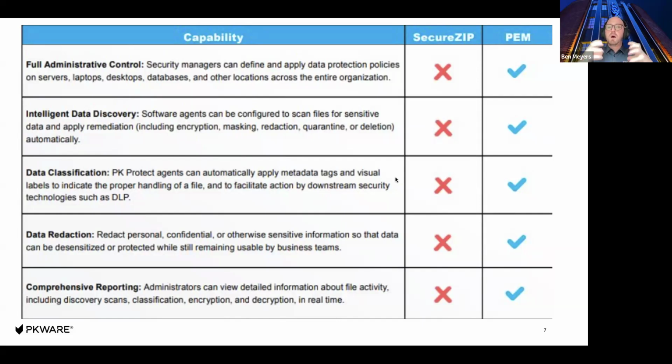All right. Another big functionality that you're going to see in the middle is data classification. Classification is what I always claim is a good first step, right? We want to report and classify our data in a particular way so we know where maybe our sensitive data is.